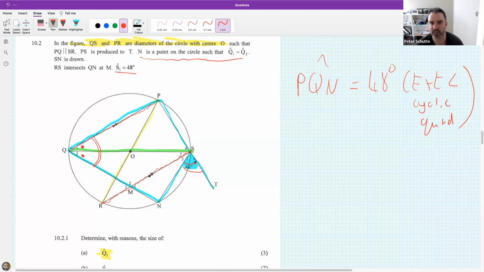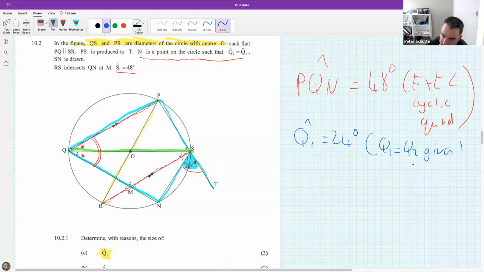So what is the size of Q1 going to be? So because this whole angle is 48, but these two are equal, this will have to be 24 degrees, and you can just say here, Q1 equals Q2, given. Because you literally were given that. So you can use that to say each of these must be 24.